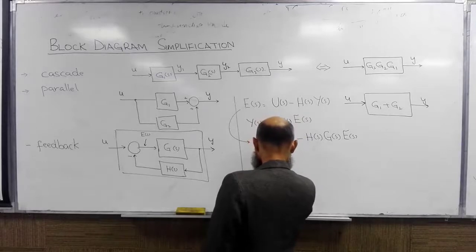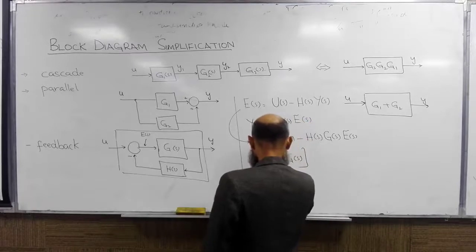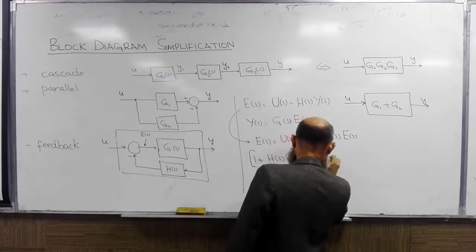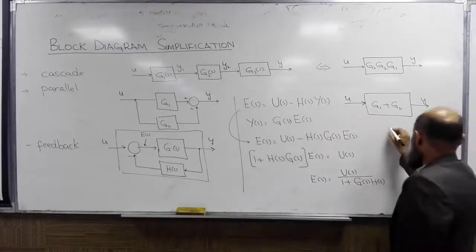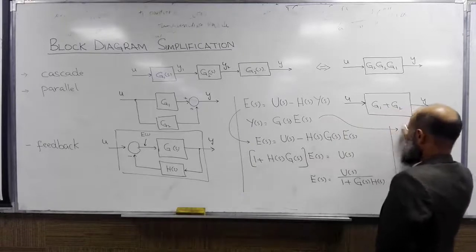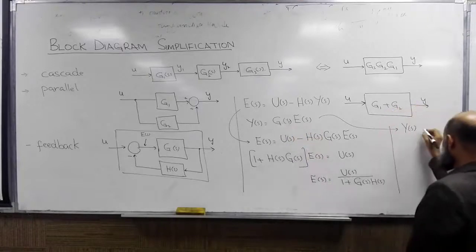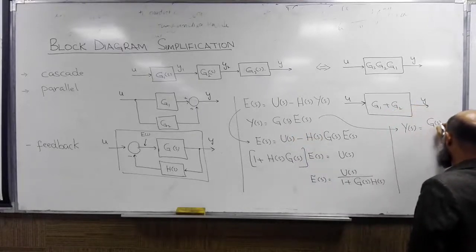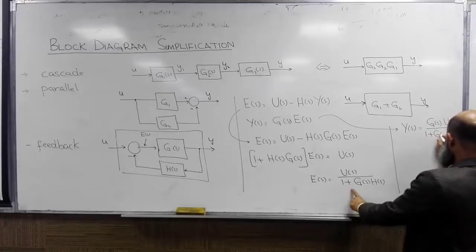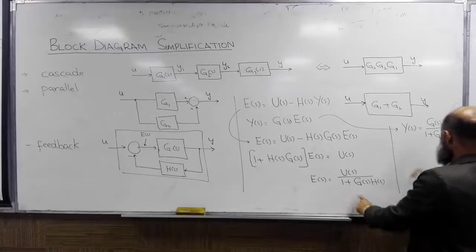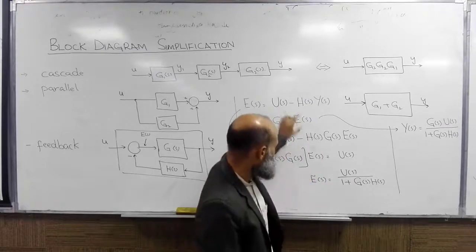So 1 plus H of S into G of S multiplied by E of S is equal to U of S. And from this equation, Y of S is equal to G of S into E of S, so that is equal to G of S into U of S over 1 plus G of S into H of S. That is, we have substituted this expression of E of S over here.